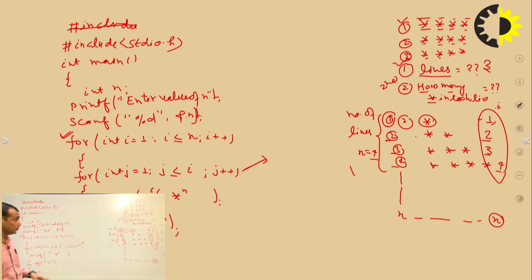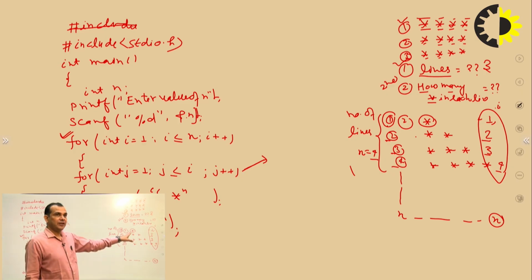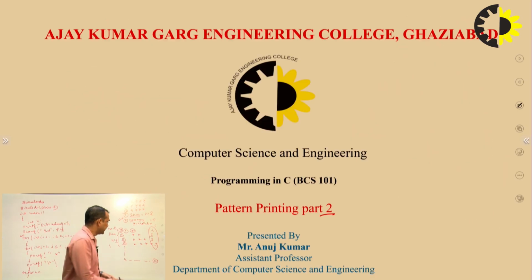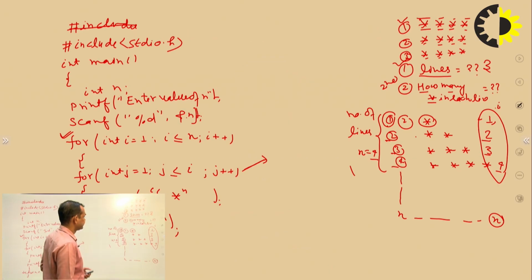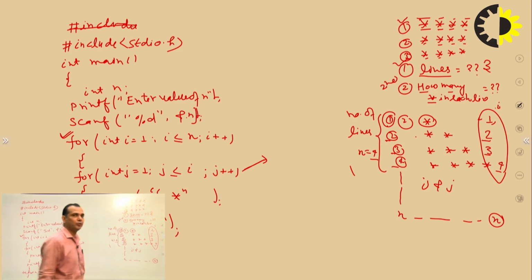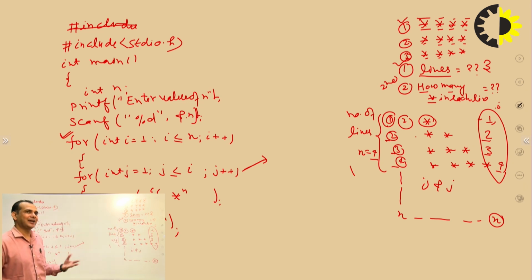Second, how many stars we have to print. So based on the pattern we find out the relation between i and j. Based on this we find out the relationship, and calculate how many times we execute the j loop. So in this condition we execute the j loop.